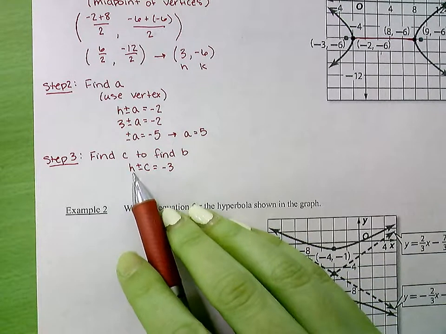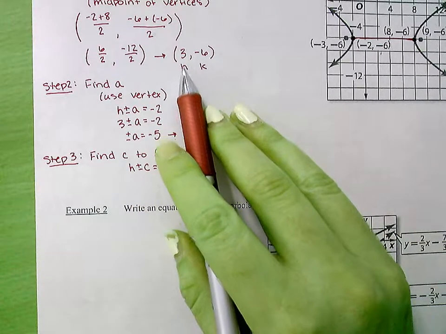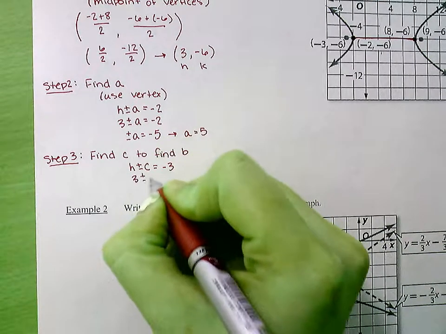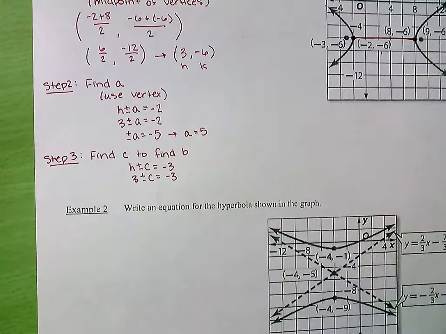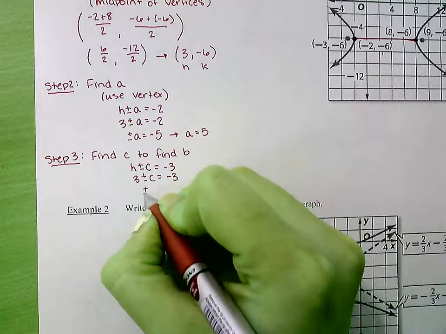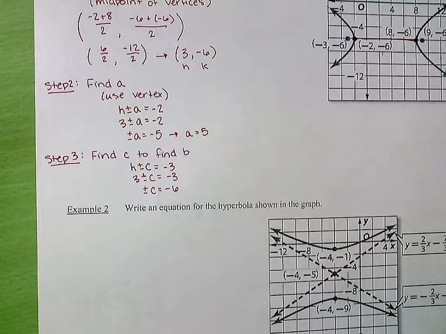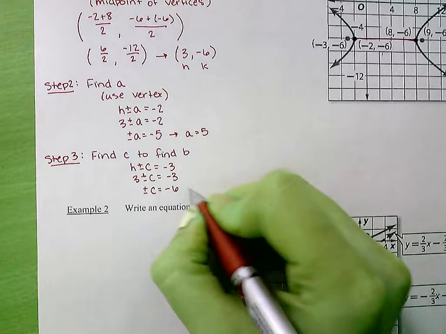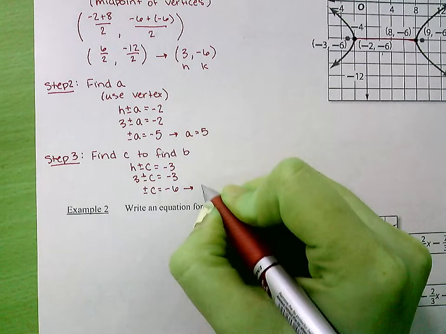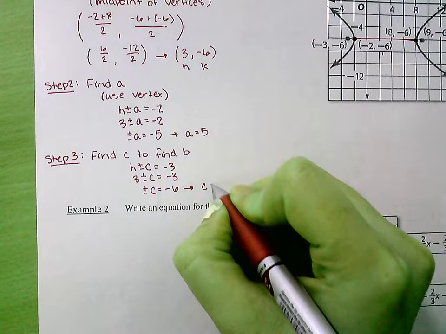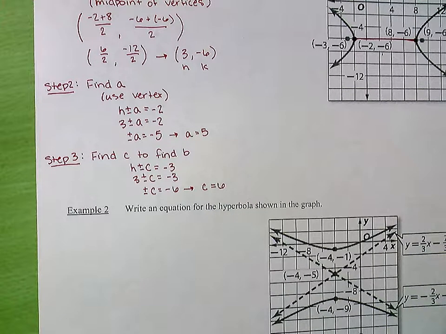Then I can plug in h. So we have 3 plus or minus c equals negative 3. Subtract 3, so we have plus or minus c equals negative 6. Again, since that can't be negative, c will be equal to 6.